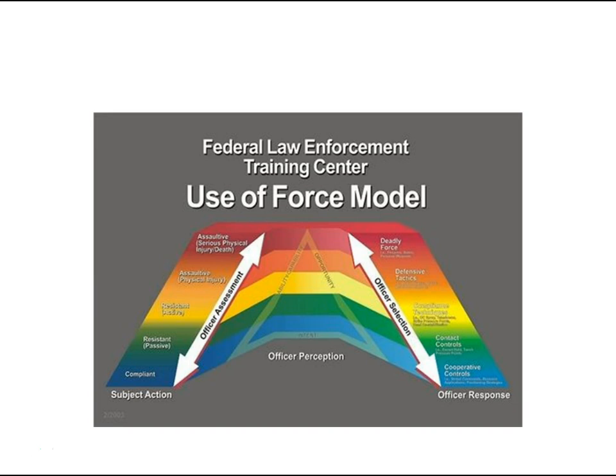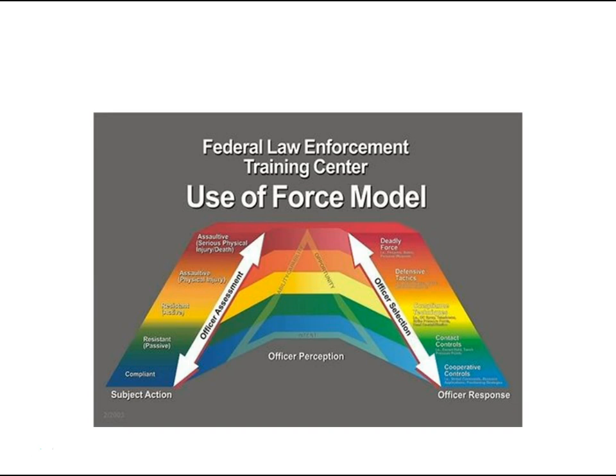If the other person is compliant, then everything's fine. If the individual begins to show passive resistance, which means like if an officer is trying to handcuff the person and they shake about or turn their wrists or whatever, then that's considered passive resistance, and the officer can use contact controls or arm holds and everything else to restrain the person.